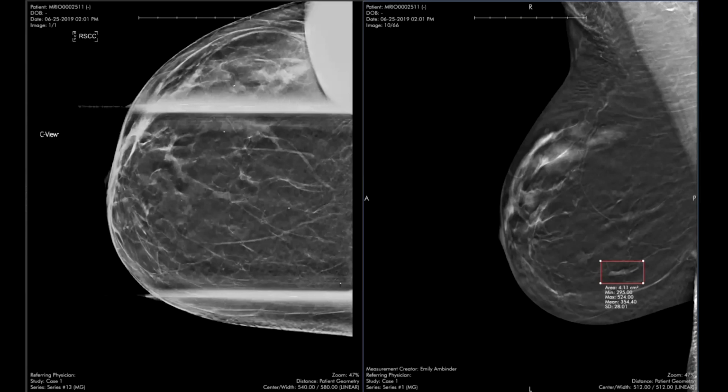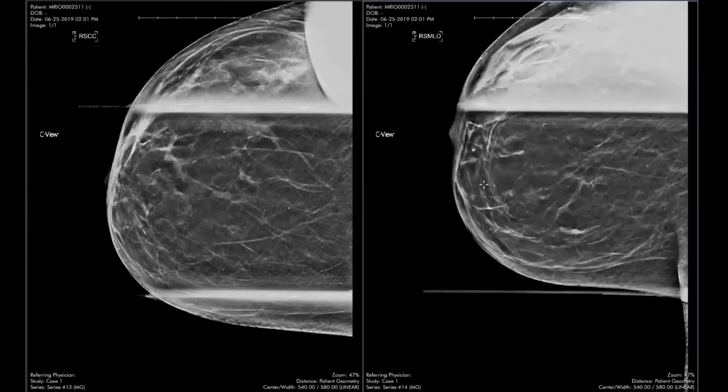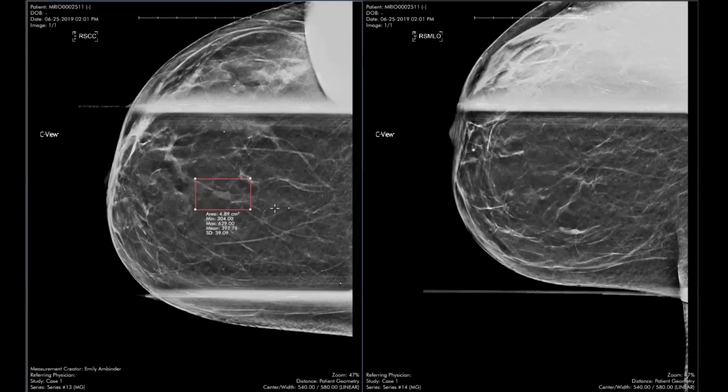So here are the spot compression CC and MLO views. And again, we see that finding here in the central lower breast, which is persisting on the spot compression views. An ultrasound was also done and there was not a sonographic correlate identified.